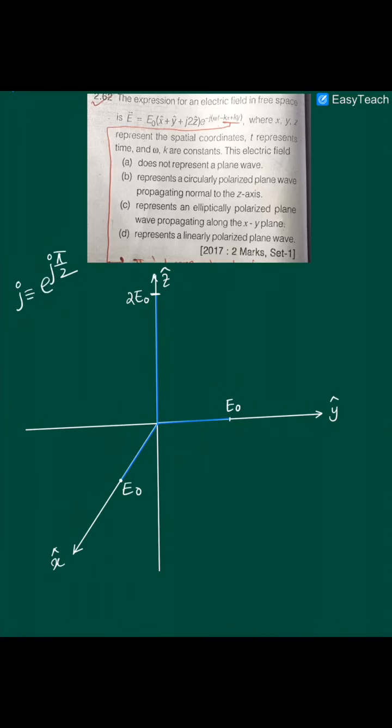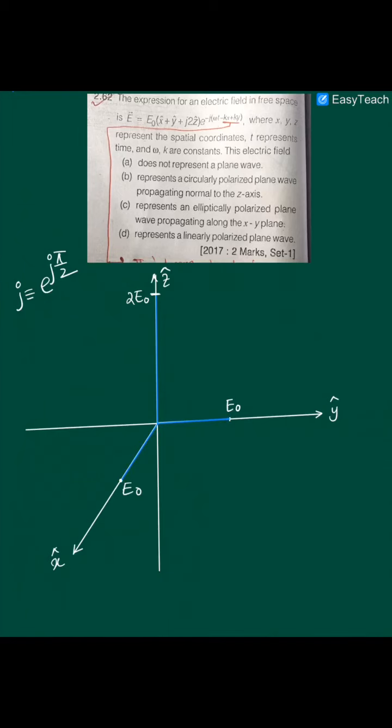Okay, now what is the physical significance of this j? You can see the phase of the x component and the y component is the same, and they are 0. So the x component and the y component are oscillating with the same phase. When the x component is maximum, at the same time the y component is maximum.